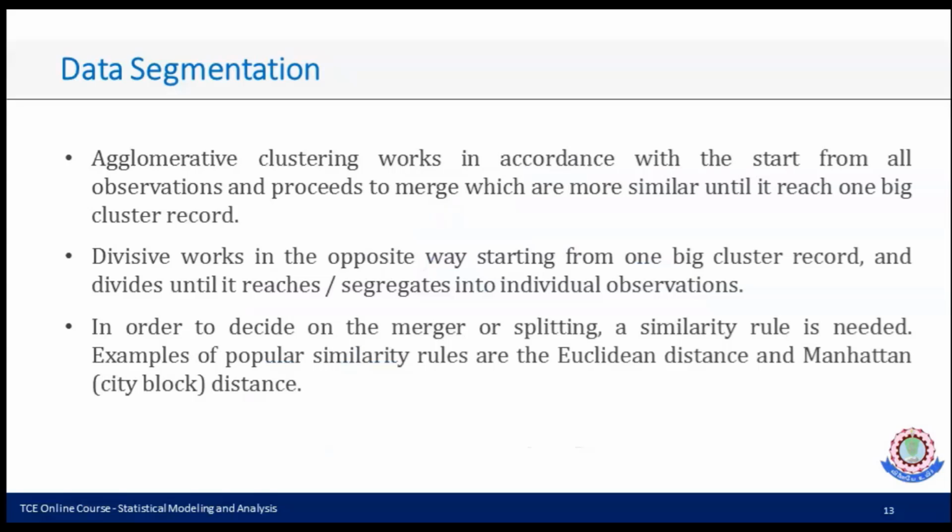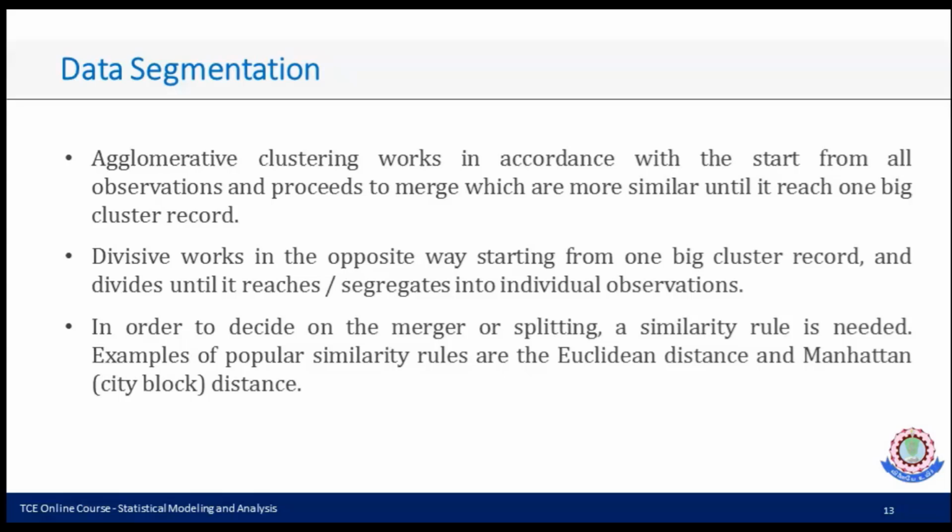So let's see what agglomerative and divisive clustering are. Divisive clustering starts from the analysis of the whole data as a single cluster, and it breaks this single cluster at each stage into smaller clusters until one observation per cluster remains.